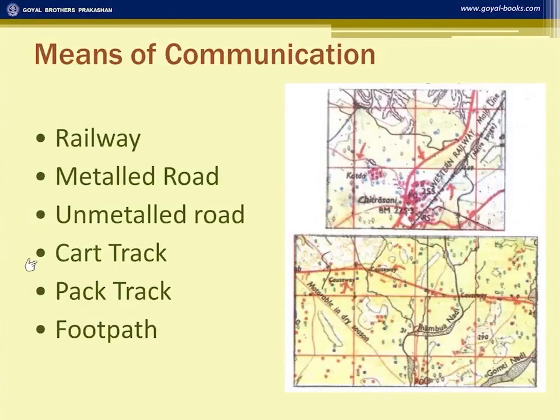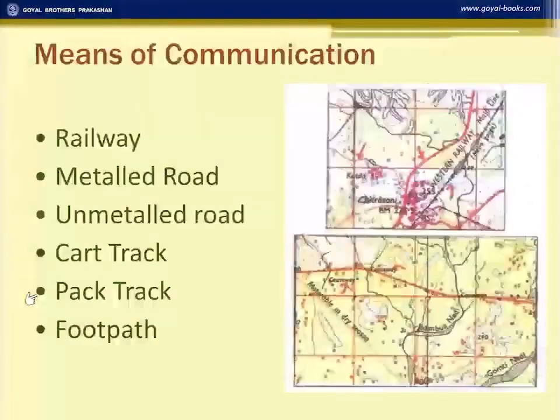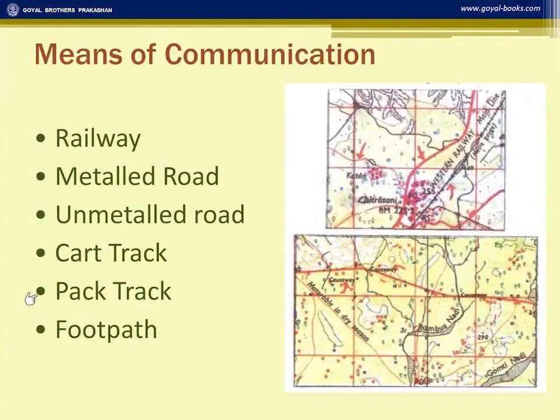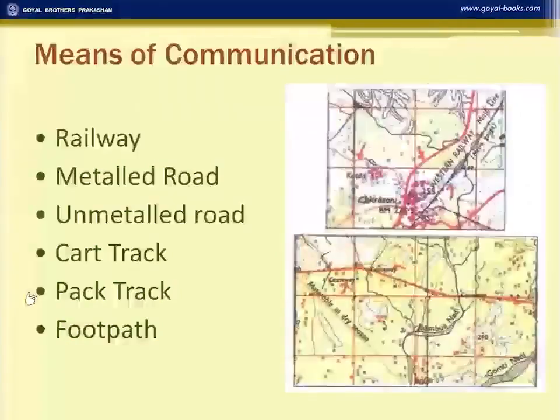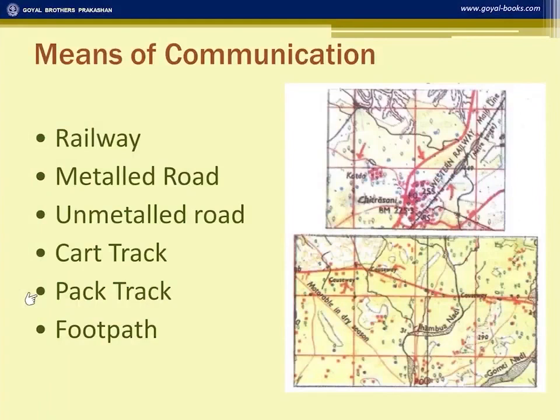Cart track is these single red lines, known as cart tracks, made by man and used by bullock carts and all that. Then you have back tracks and footpaths. You can see footpath is shown with small dots, which show a footpath made by foot, and it is very easily accessible.